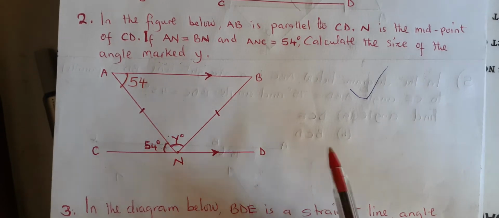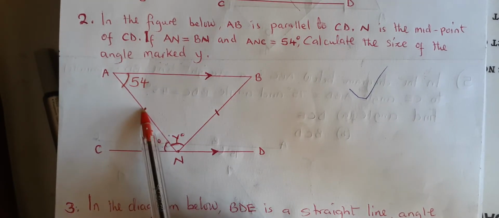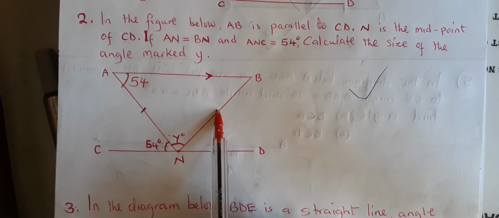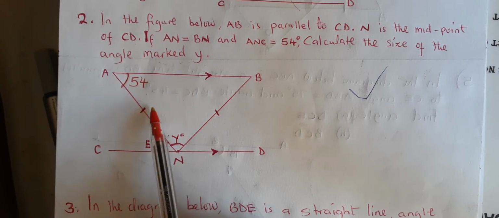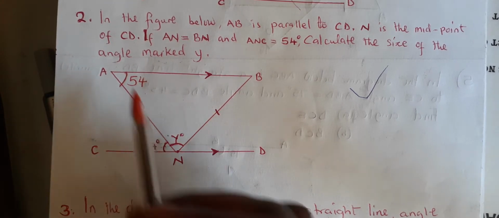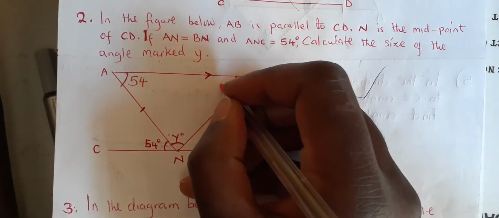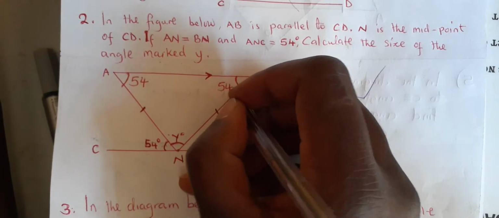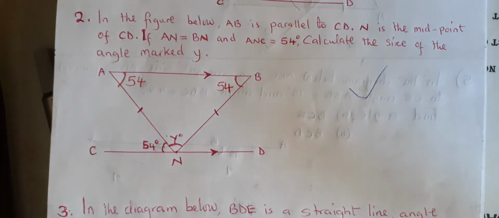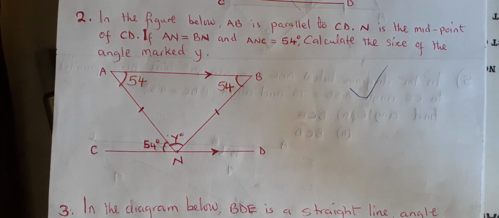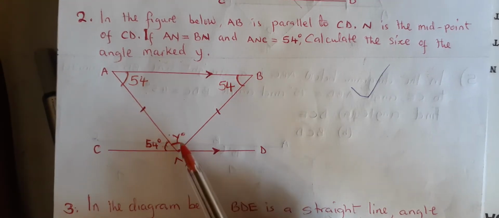Are we together? Then what do these two mean? This is an isosceles triangle where the base angles are equal. So if this is 54, even this angle here is 54. Now we want to find y.